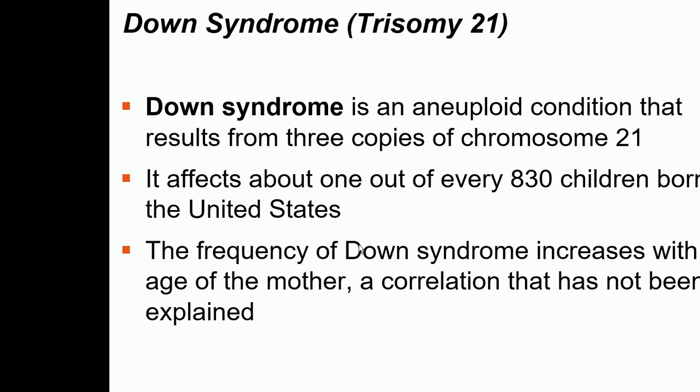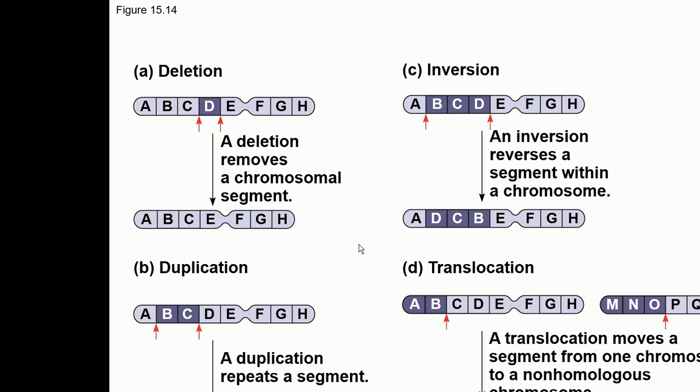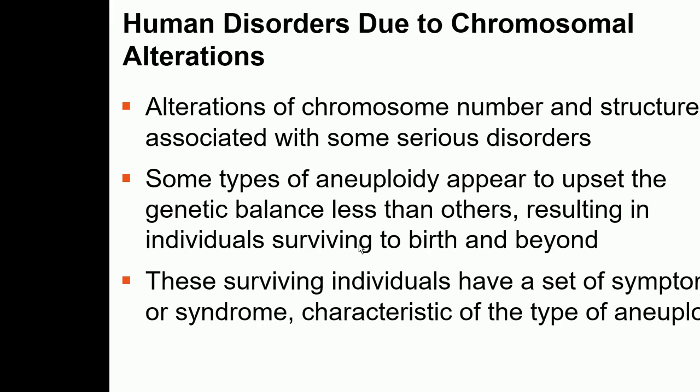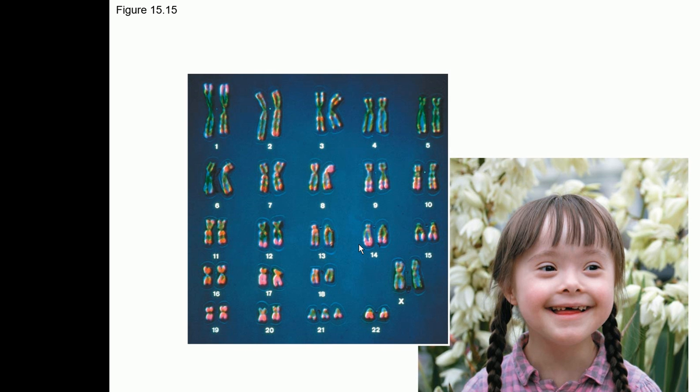So Down syndrome is an aneuploid situation in which there are 3 copies of chromosome number 21. So this is a child showing Down syndrome, and the reason is this chromosome number 21.